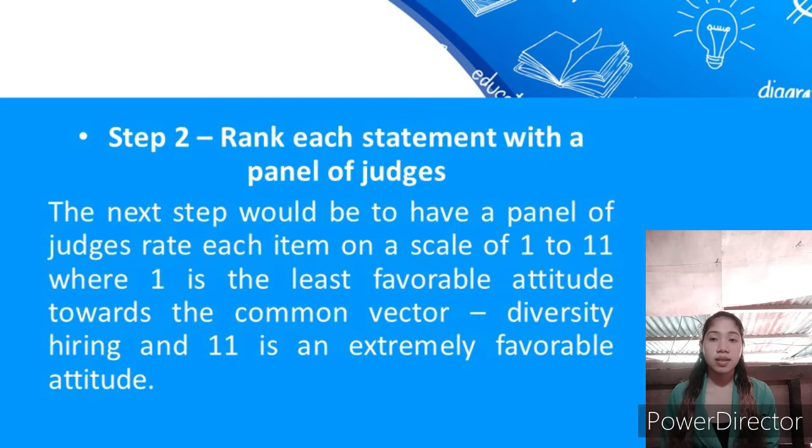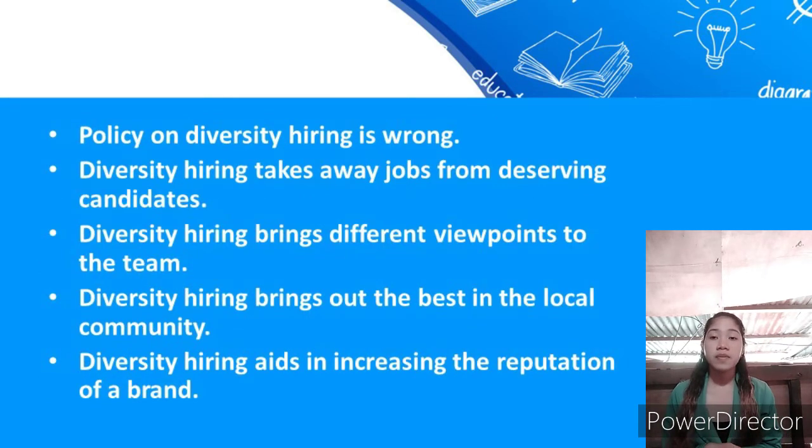For instance, I have here five statements. I will rate the first statement, the policy on diversity hiring is wrong, as 1 because I believe this statement is least favorable. And I'll rate 11 to the fifth statement, which says that diversity hiring aids in increasing the reputation of the brand, and so on.